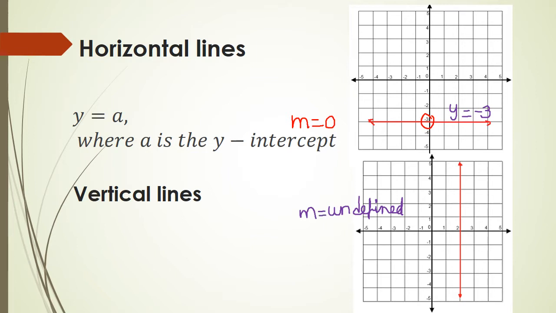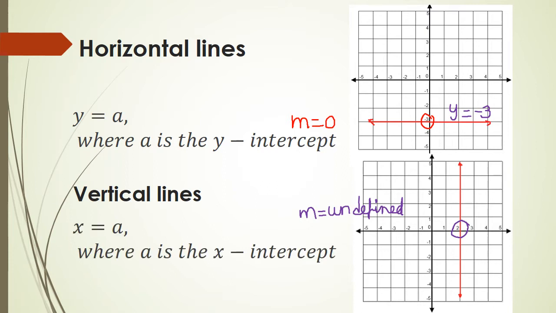The only thing that we have for this line is the x-intercept, which is where the line crosses the x-axis. So vertical lines are represented by the x-intercept, and their formula is x equals a, where a is the x-intercept. So for this example, the equation for this vertical line is going to be x equals 2.